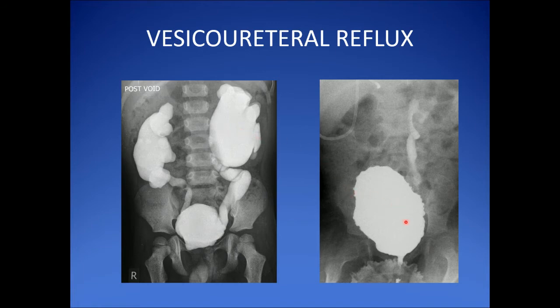Here, there is just a vesicoureteral reflux at the left side, but take note of this irregularity along the wall of the urinary bladder denoting cystitis.